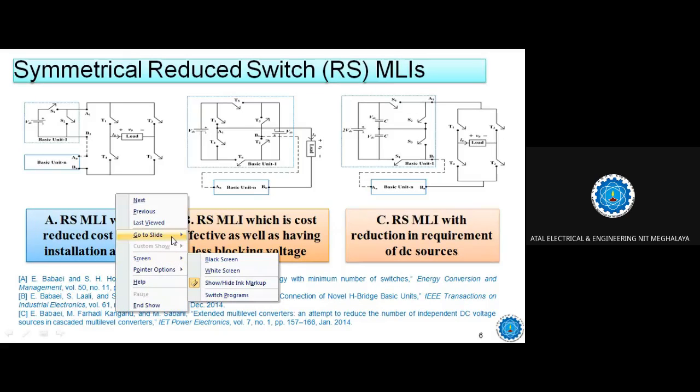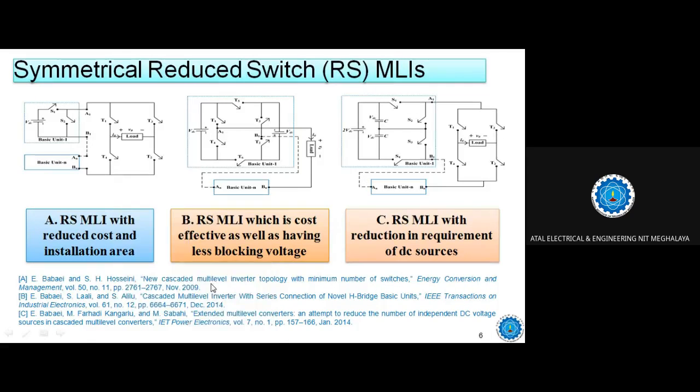These four switches help in changing the polarity, positive and negative polarity, which can be obtained with this H bridge circuit. Whereas on the left hand side, the DC source and two switches actually help to produce the number of levels at the output.